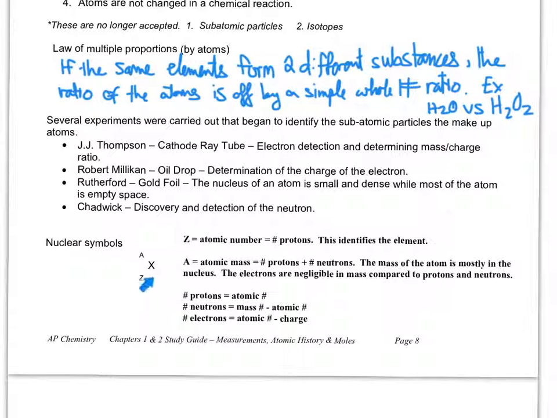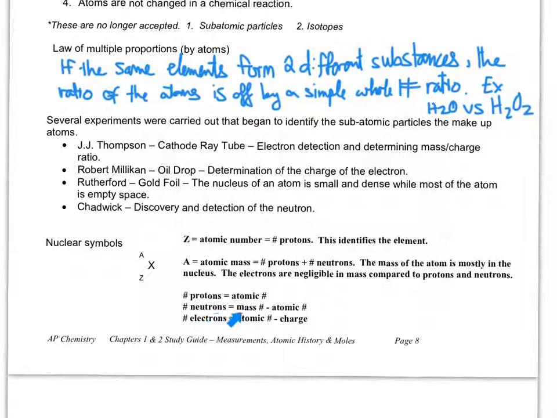So if you wanted to know the number of protons, neutrons, and electrons in a given atom, the number of protons, you get that from the atomic number, which will either be given to you right here, or if they tell you it's carbon, then you look it up on the periodic table and you look at the atomic number there.